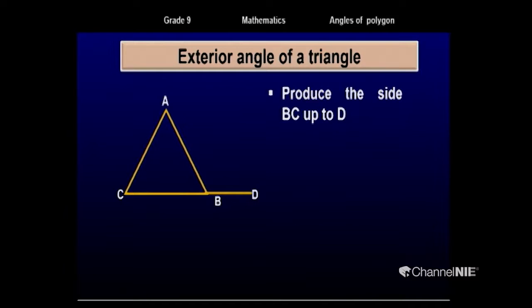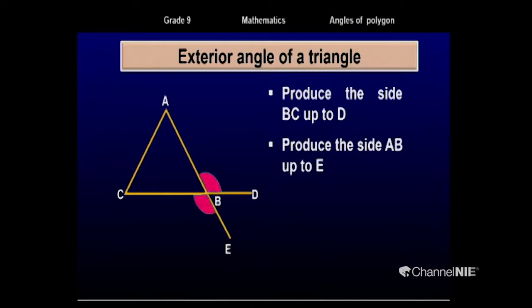What is the exterior angle? ABD is an exterior angle. And also produce the side AB up to E. What happened? There is another exterior angle. CBE is an exterior angle.